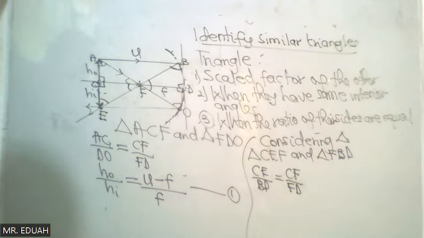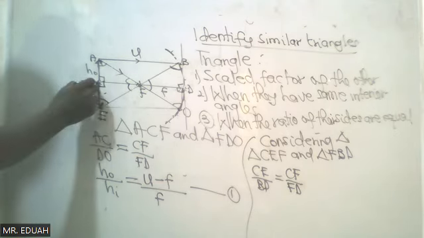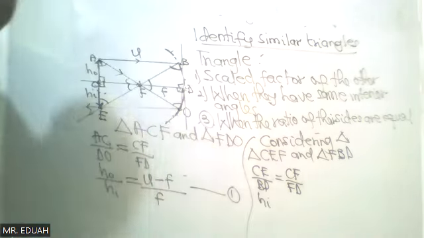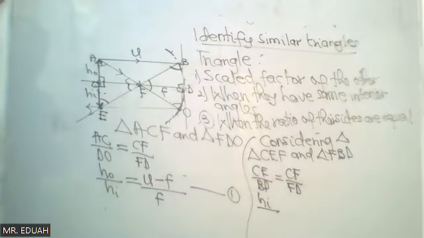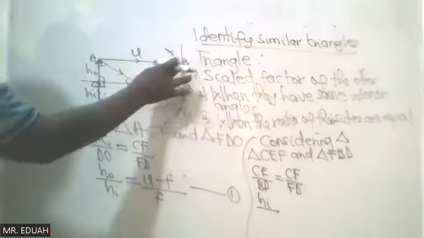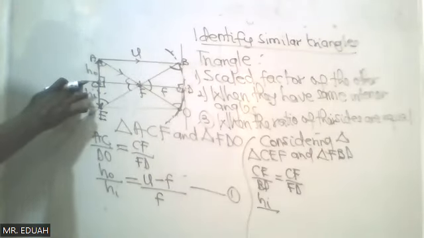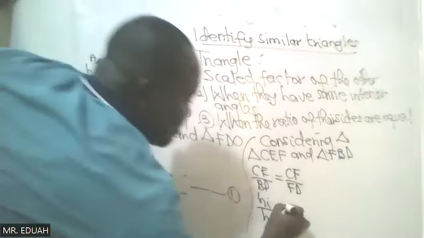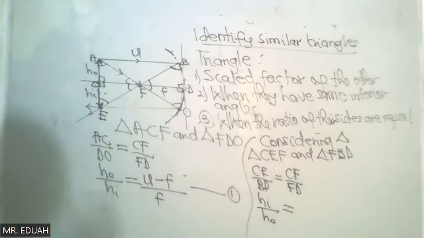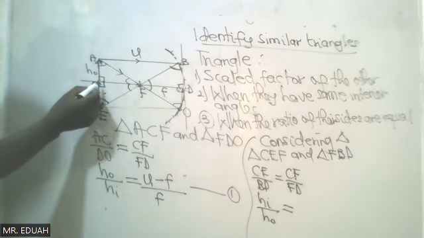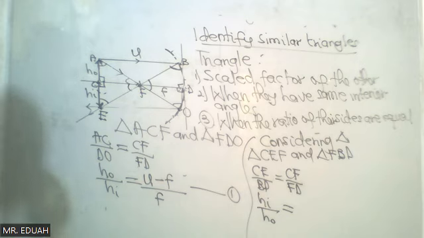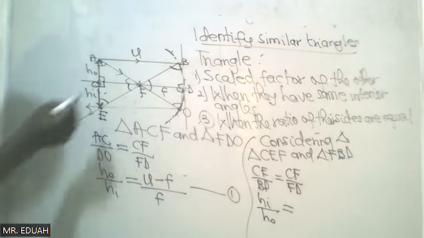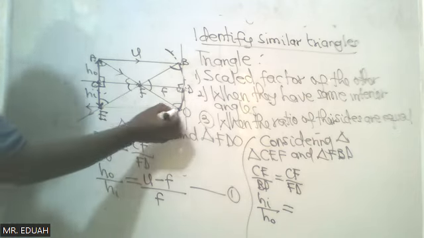Now, what is CE? CE is the image height, H subscript I, over BD. BD is the same as AC, so object height, H subscript O. This must be equal to CF. Now, pay attention here.